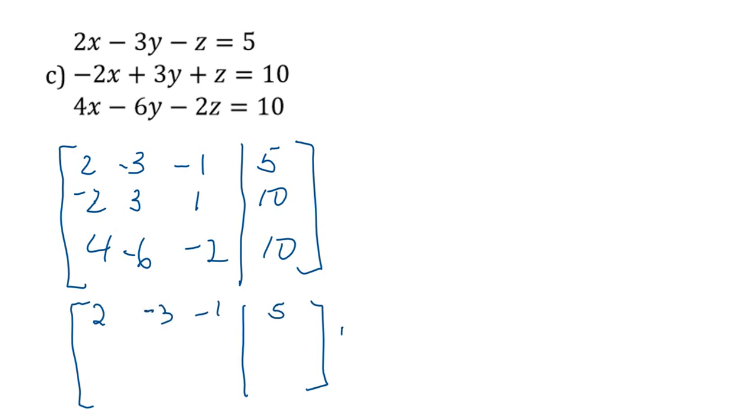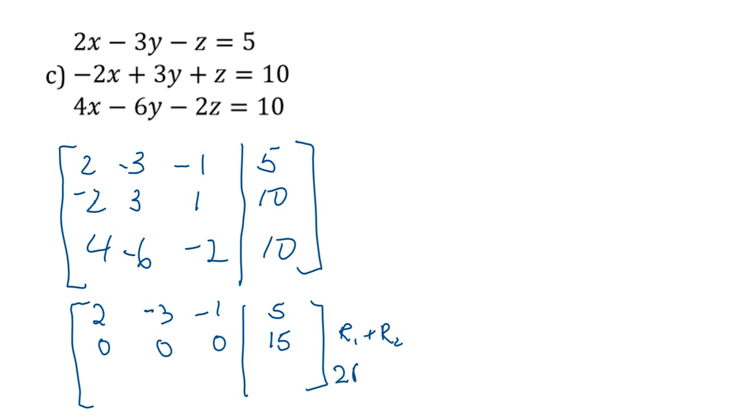Row 1 plus row 2 will eliminate x because one's 2 and one's negative 2, so we're going to add those together. So that'll make a 0, that'll make a 0, that'll make a 0, that'll make a 15. And I'm going to also attempt to do 2 times row 1 and subtract row 3 all in my head at the same time.